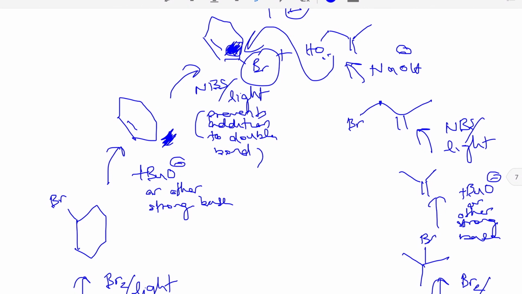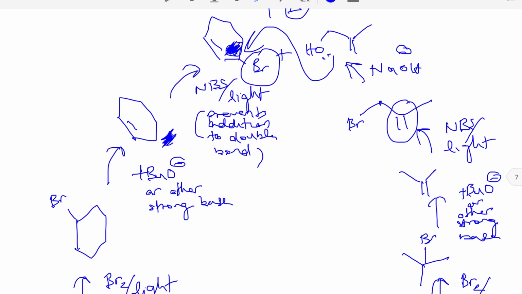And why? Because we have this double bond here, and this double bond needs to be preserved. We can't rely on radical bromination with just Br2 and light. No, we need to do something more controlled.